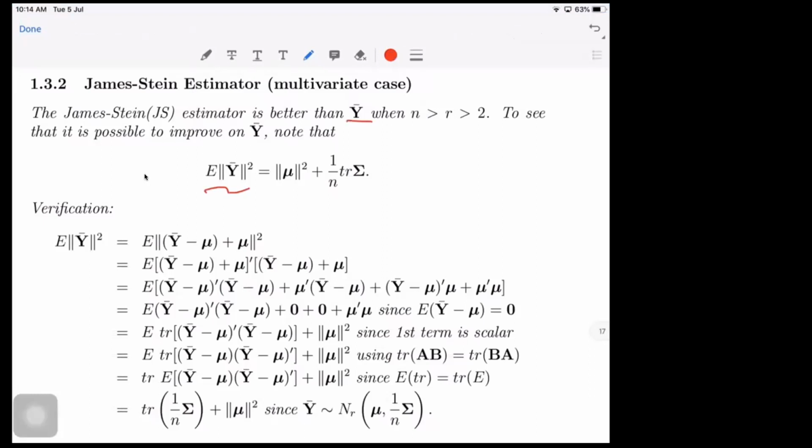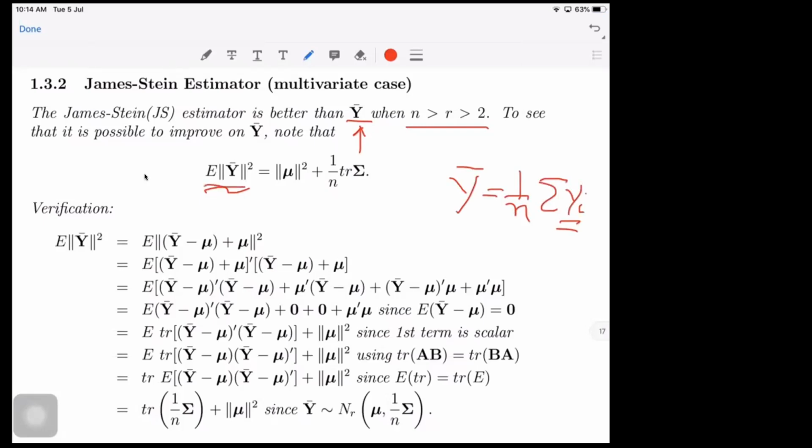So Y bar now will be a random matrix. Here we have n greater than r greater than 2. So our estimator now will be capital Y bar, which we define in the usual formula, but this time each of these are vectors.